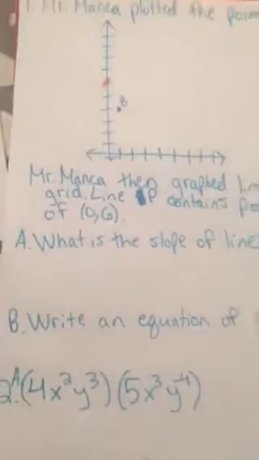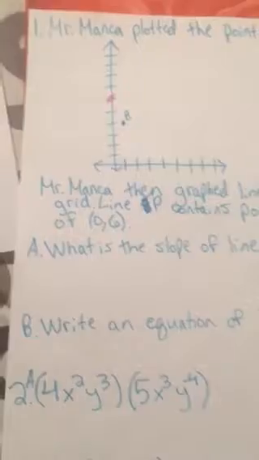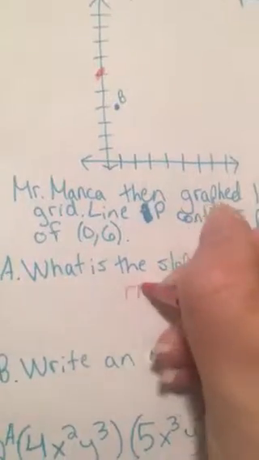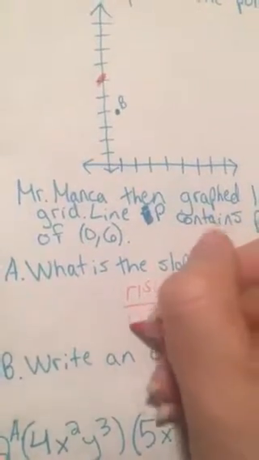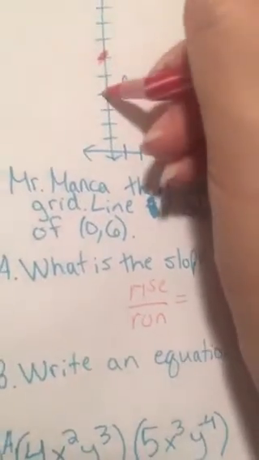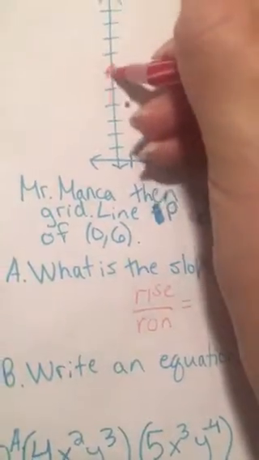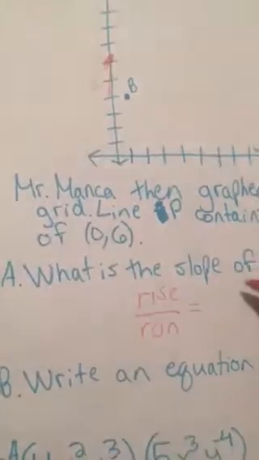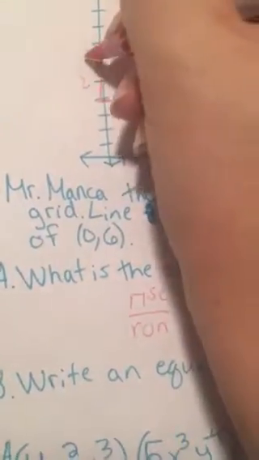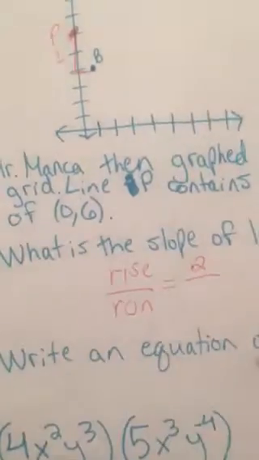Okay, now if I have 2 points, I can find the slope. So slope is rise over run. My rise is 2. My run is, I'm going to label this point P, 1.